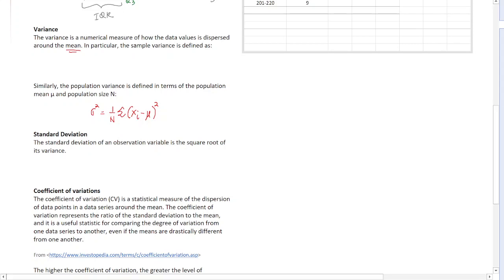However, for the sample variance, since this is a sample, we are estimating the sample variance for the population. So the sample variance is given by the formula S squared is equal to 1 over n minus 1. Why n minus 1?